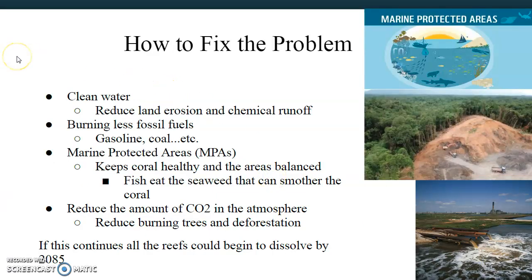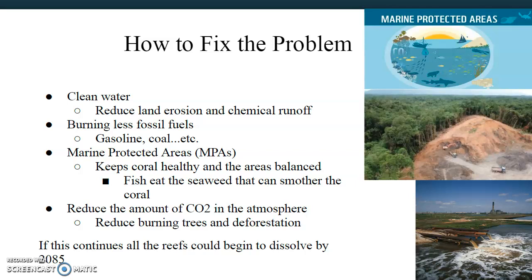So what are some ways we can fix this problem? Well, there's a lot of different ways we can fix this. One thing is just to have cleaner, better water. Reducing land erosion and chemical runoffs, especially in the mouths of rivers and estuaries where it goes straight into the ocean. That's a really major place.